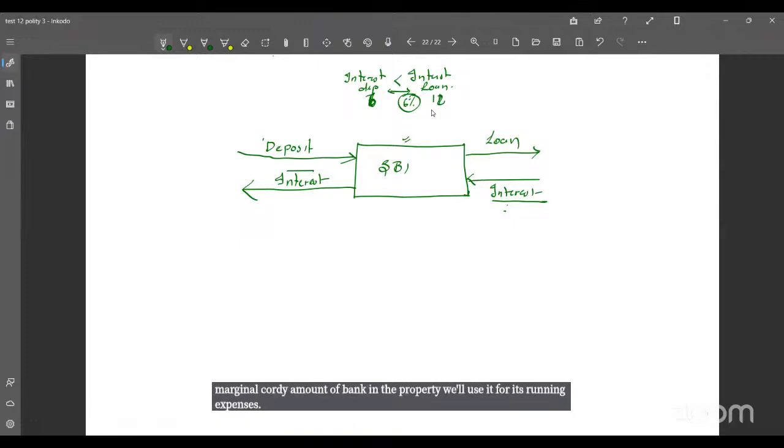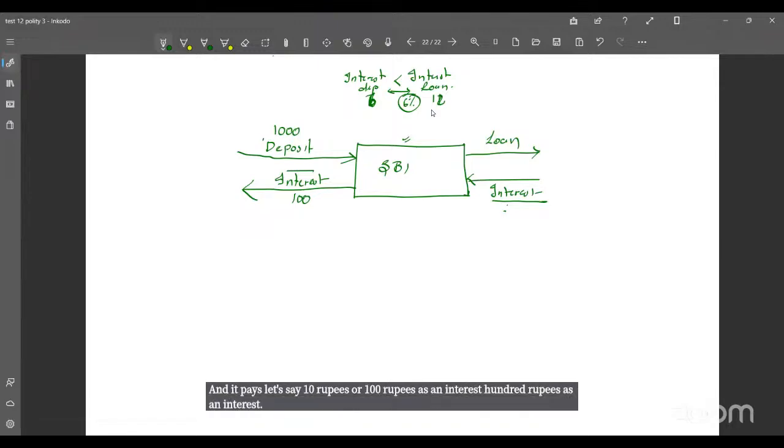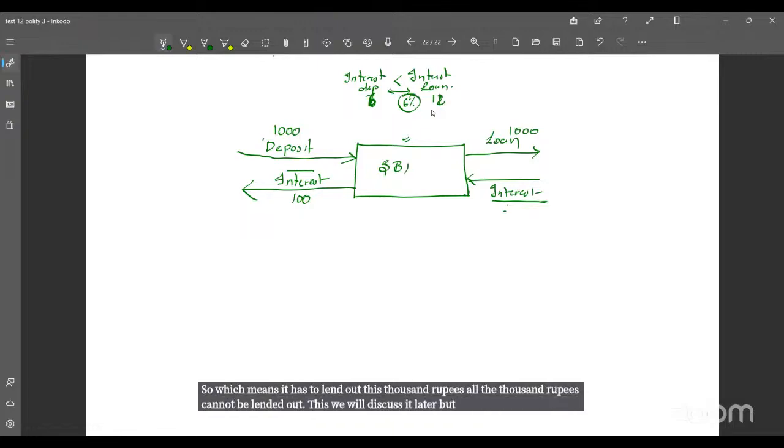So let's say the bank has got 1,000 rupees in deposit and it pays 100 rupees as interest. Which means it has to lend out this 1,000 rupees. All the 1,000 rupees cannot be lent out, we will discuss this later, but for our convenience, let's assume that it's lending out all the money.